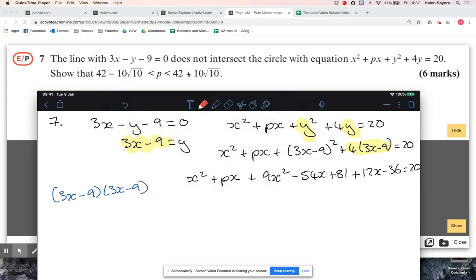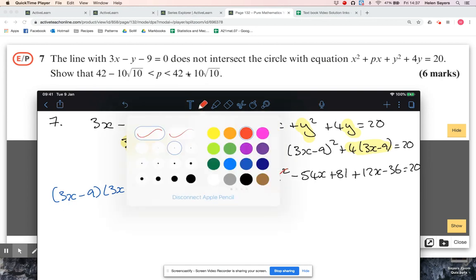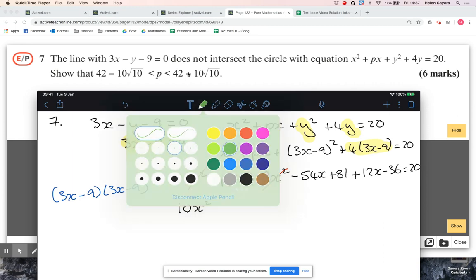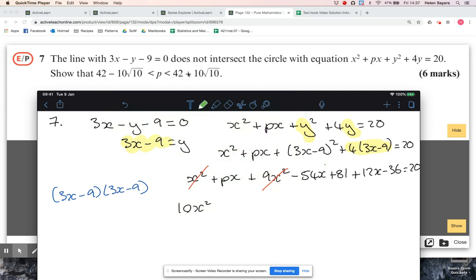Now I'm going to collect the like terms. They're my only x squared terms, so I've got 10x squared. For x, I've got the minus 54x plus 12x, so minus 42x, but then I've also got the plus p. They're my x terms all collected together. If I factorize that, it's p and also minus 42x.